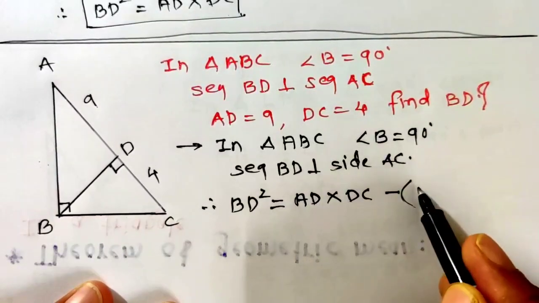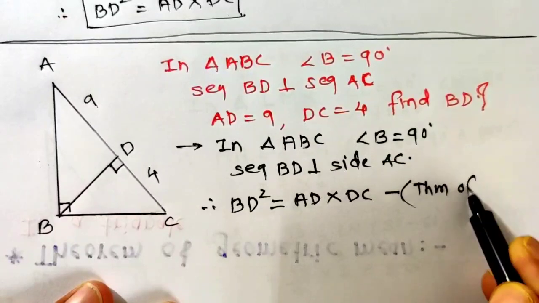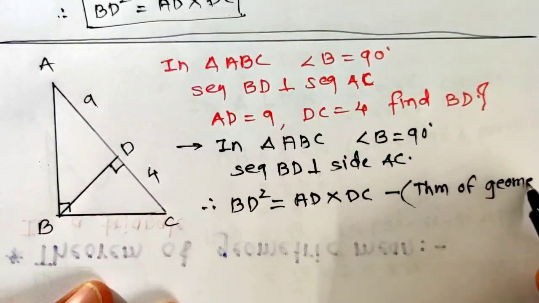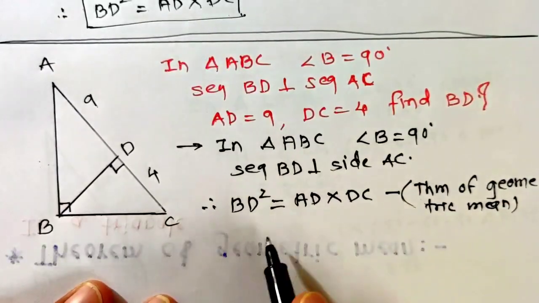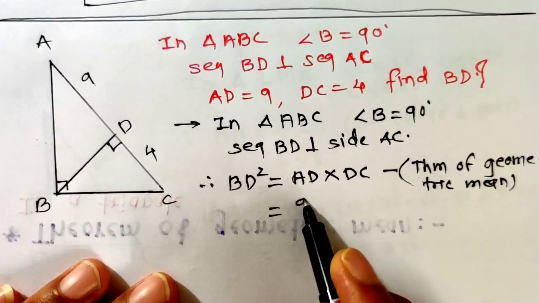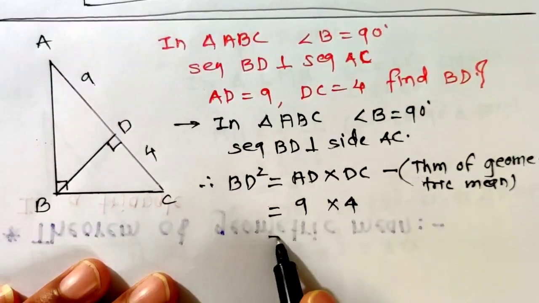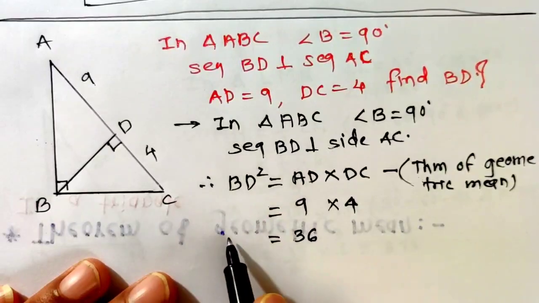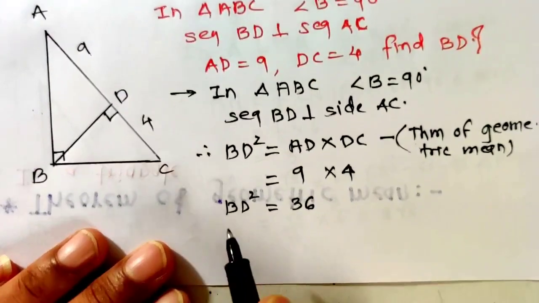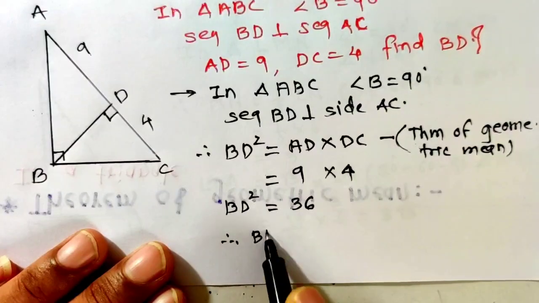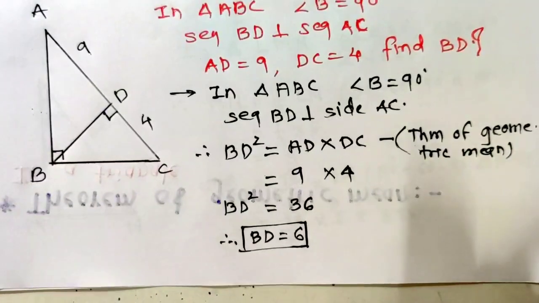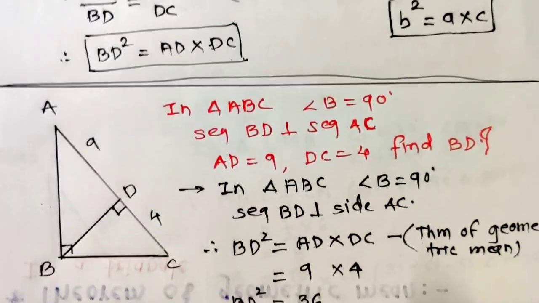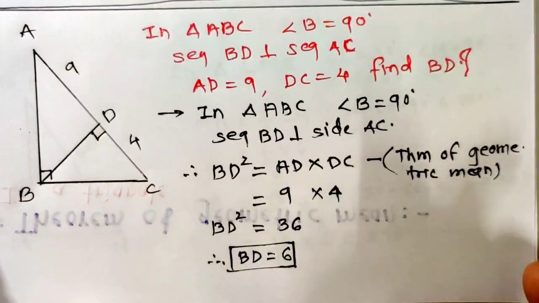Reason: theorem of geometric mean. Now substitute the values. AD is 9, DC is 4, 9 into 4 is 36, so BD square is equal to 36, so we get BD is equal to 6. So in this way we can apply the theorem of geometric mean while solving the sums.